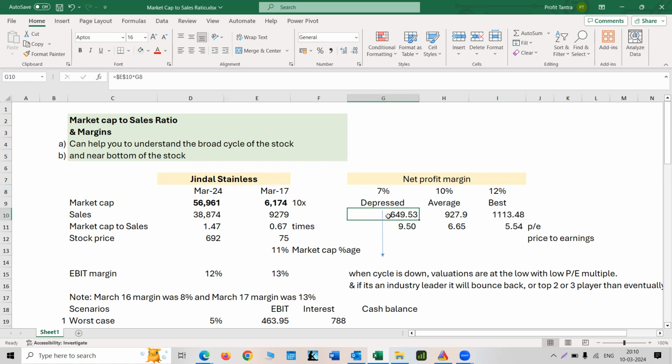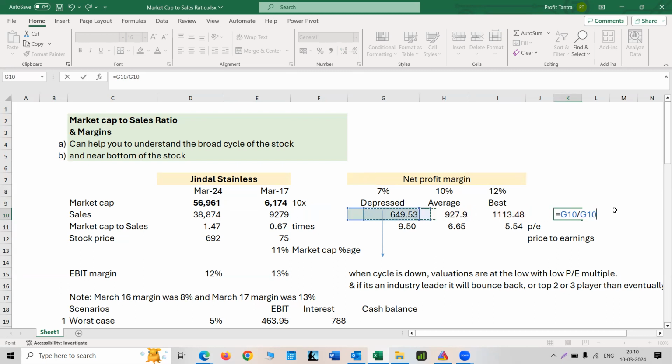If sales is 9,000 crore, and I have taken margin, say I have multiplied, what is the profit? 649 crores. Correct? Yes or no? 7% is 649 crore. That means the market cap is 6,000 crores, so what is the profitability at EBIT level?